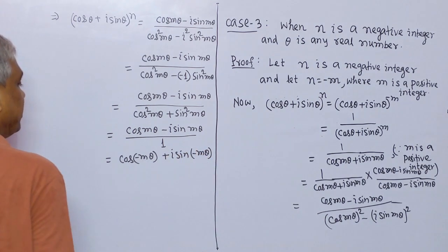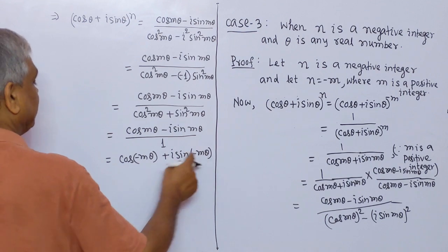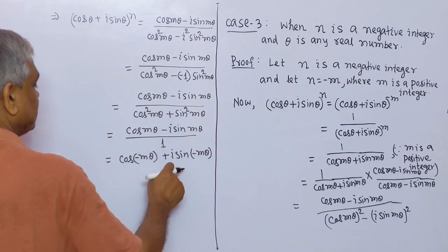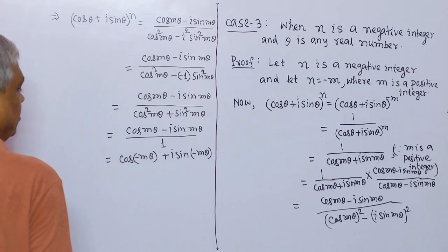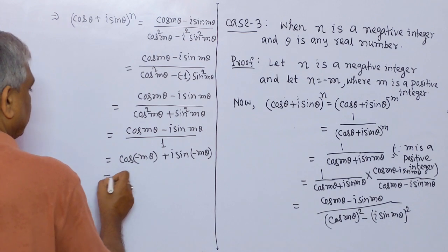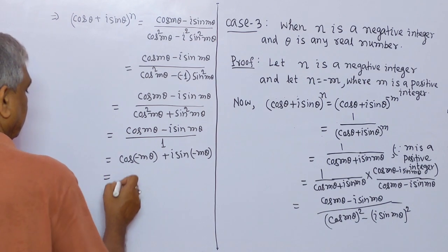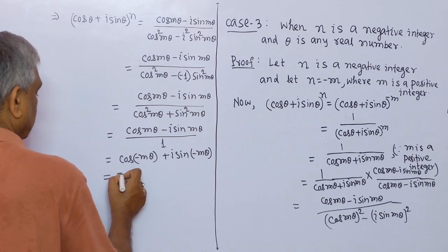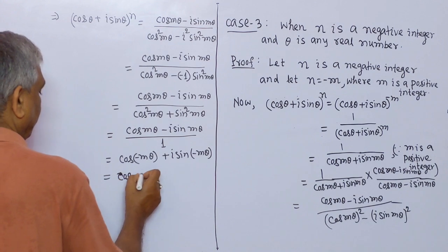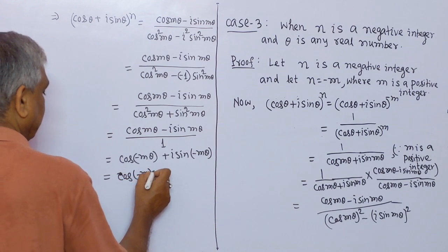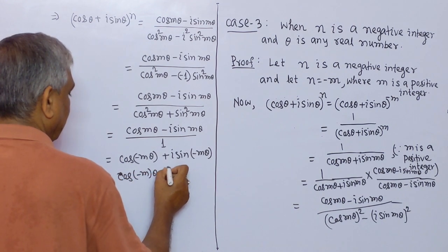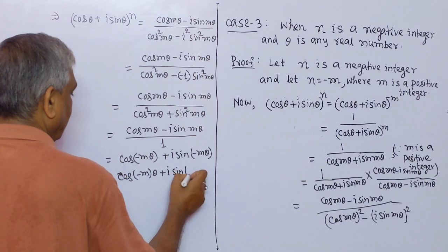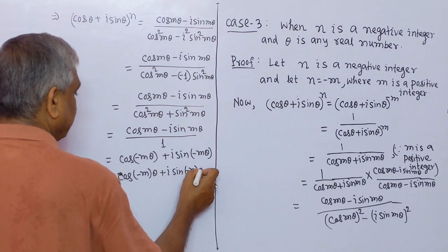Sin minus m theta means minus sin m theta. Here minus sin. We may also write this as cos minus m theta plus i sin minus m theta.